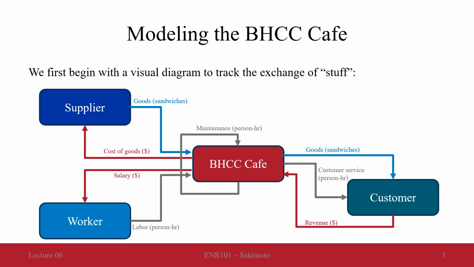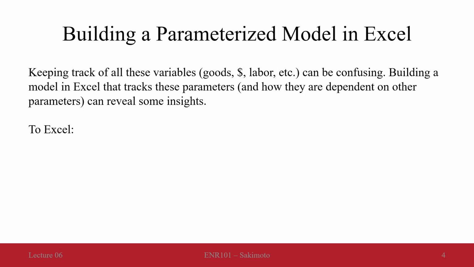We don't want to accumulate any excess labor, people just standing around not working. But we may want to accumulate a net amount of money. We have more revenue coming in than we have the cost of goods or salary leaving. Our model is going to try to track each of these things so we can measure how much is flowing and how much is accumulating for these three categories of stuff.